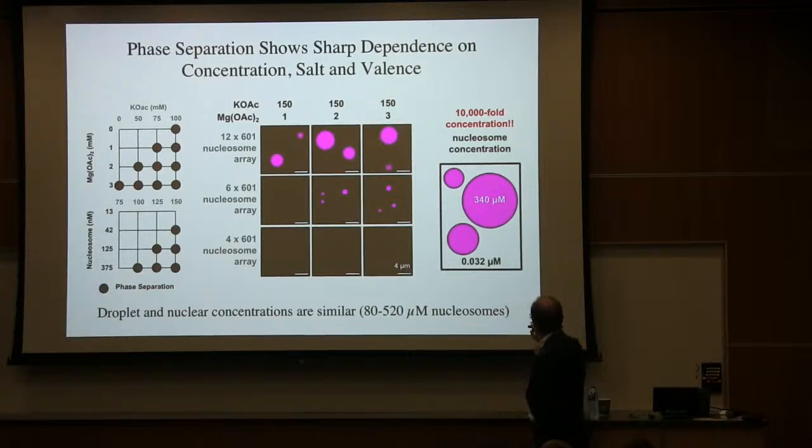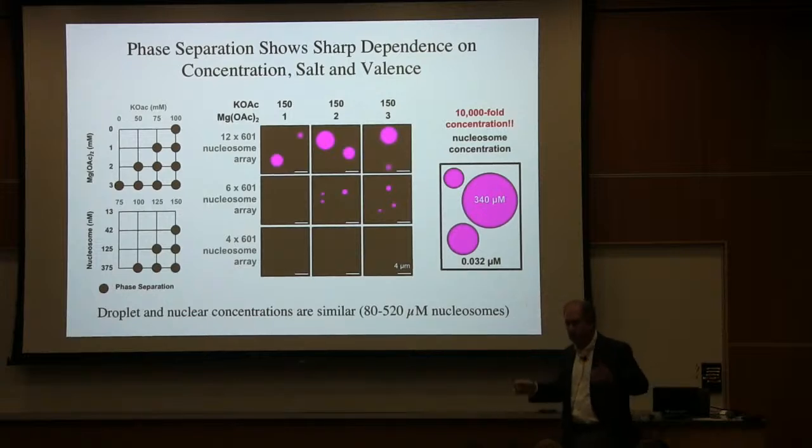An interesting thing that we were pleased about is that when we look at the concentration within the droplets here, the degree of concentration is enormous. It's about 10,000-fold in the droplets versus the surroundings. We just thought that was cool. It was the record we had seen in our lab.